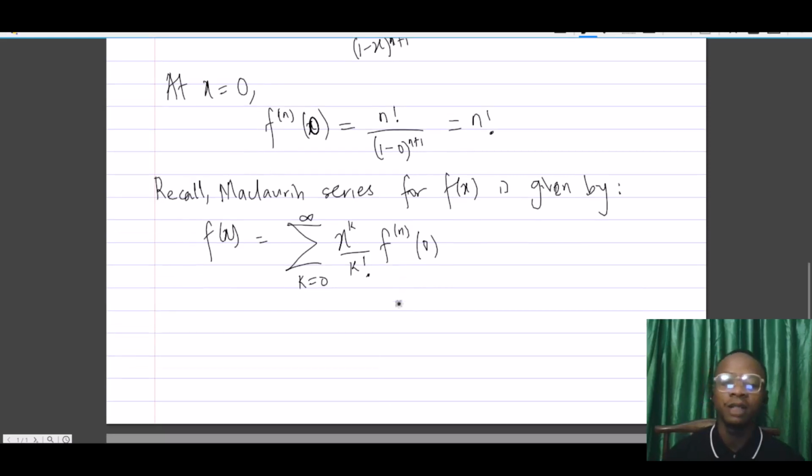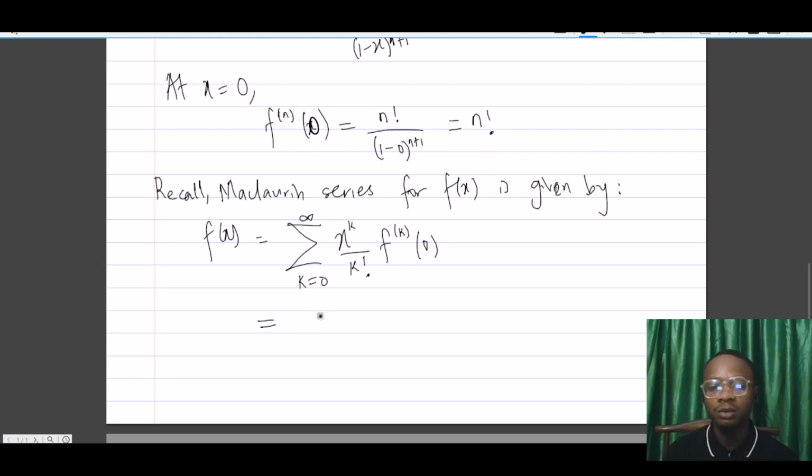So we can expand this out. We know that the first term will be when k equals 0. Okay, let's substitute all of these things first. So we know f n at 0. Sorry, this is f k, that's the kth derivative at 0. We know the nth derivative at 0 is n factorial. So the kth derivative at 0 will be k factorial.